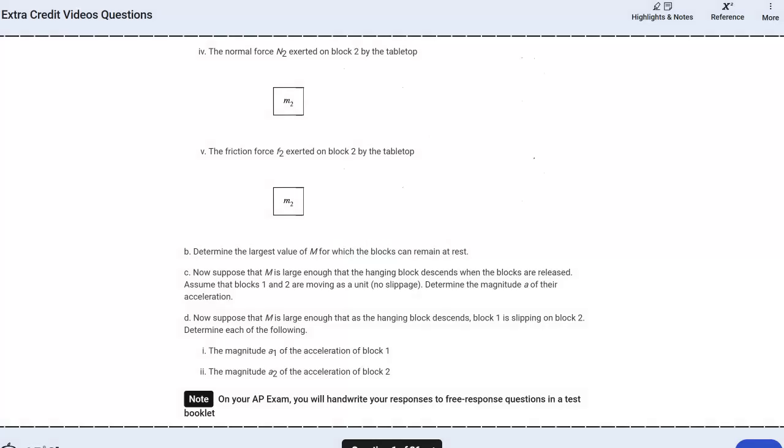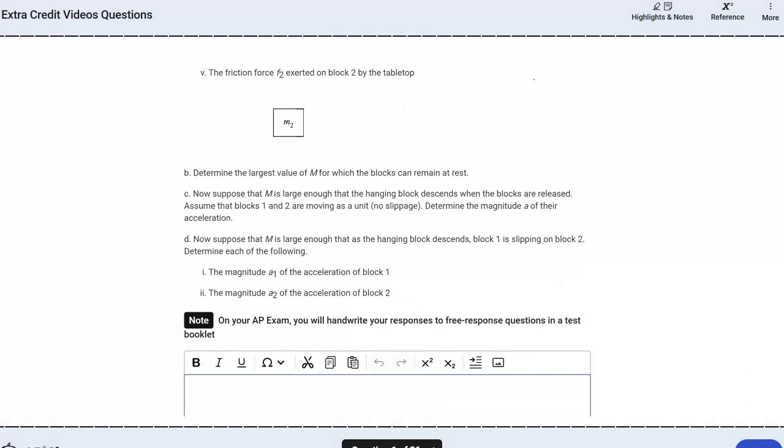Yes, keep this. Okay. Now it says, now suppose M is large enough that the hanging block descends when the blocks are released. Assume blocks 1 and 2 are moving as a unit with no slippage. So we treat them as one. Determine magnitude A of their acceleration. Well, we need to use Newton's second law. From our physics fact, we know F net equals ma.